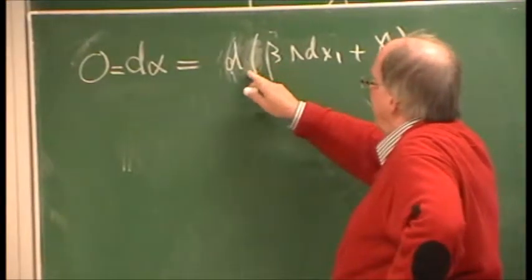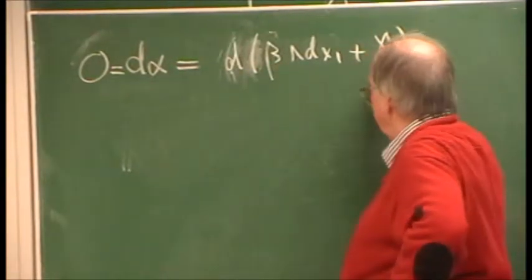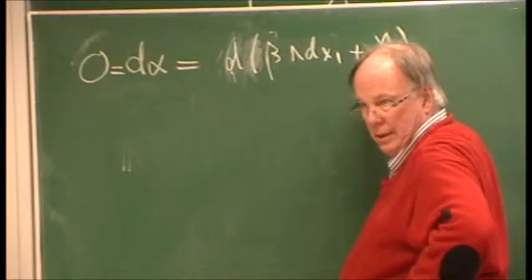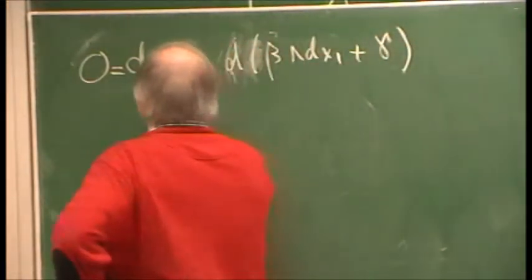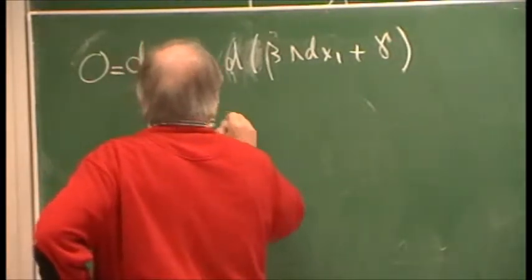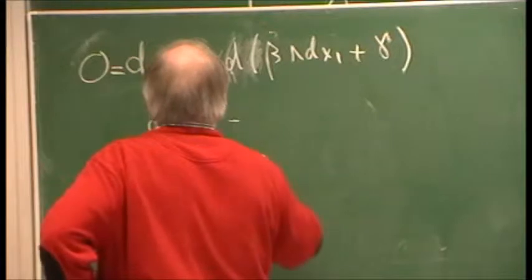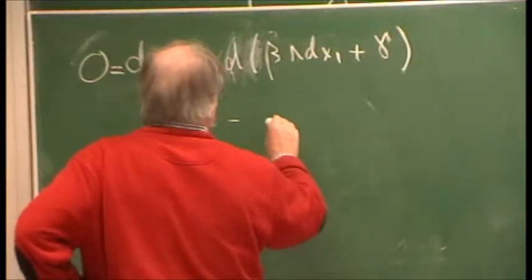Now, you see, this thing does not involve x1, dx1, and this thing doesn't involve x1 either, right? So this is a statement that d beta x1 equals minus d beta, I hope I do this right.